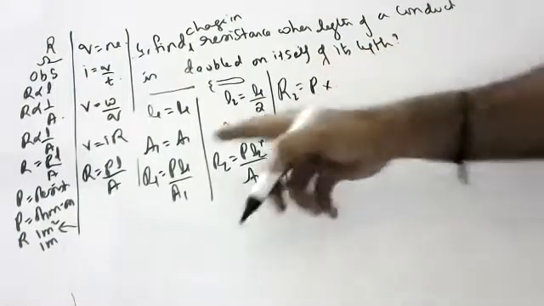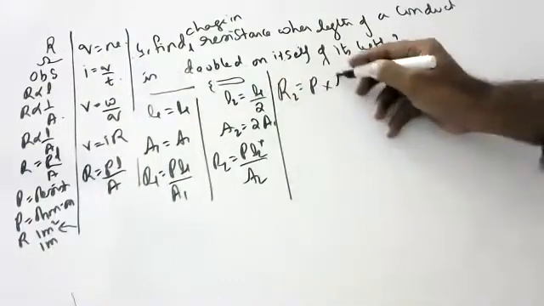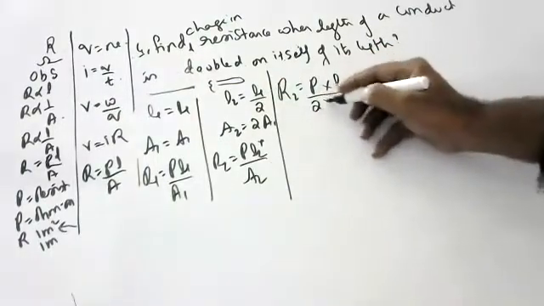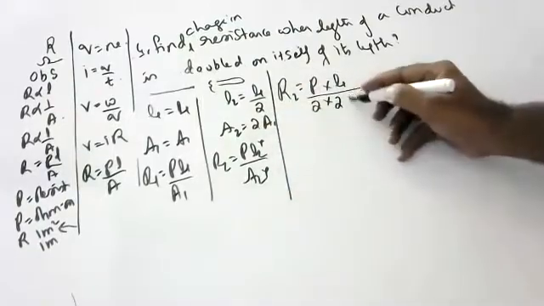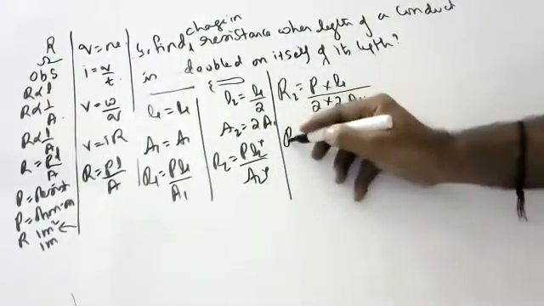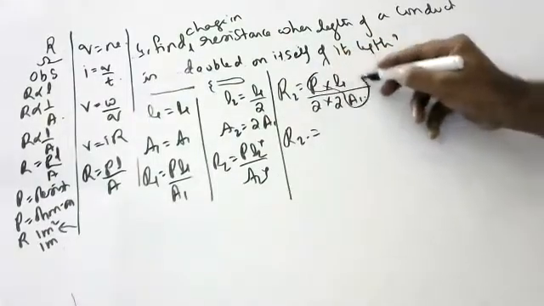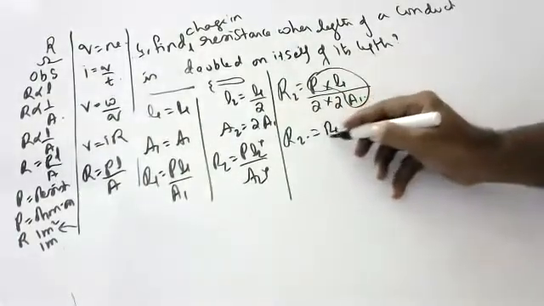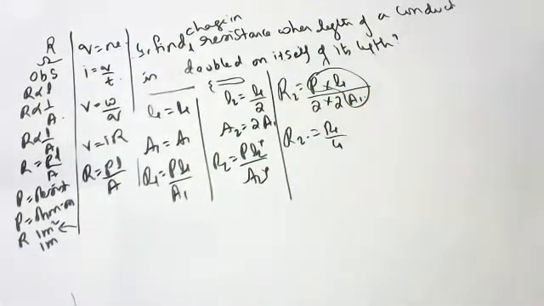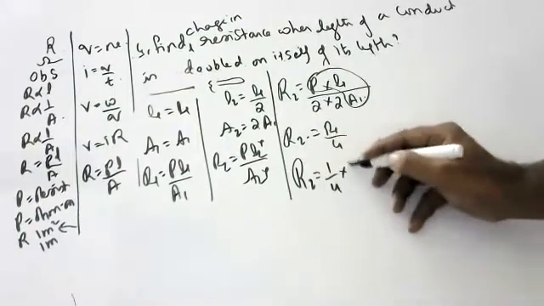What is L2, children? L1 by 2. What is A2? 2A1. Very good. R2 is equal to rho L1 by A1 over 4, which is R1 by 4. It means resistance is becoming 1/4 of the original.